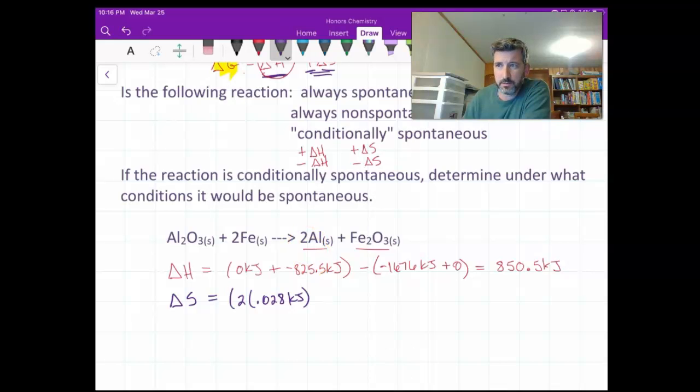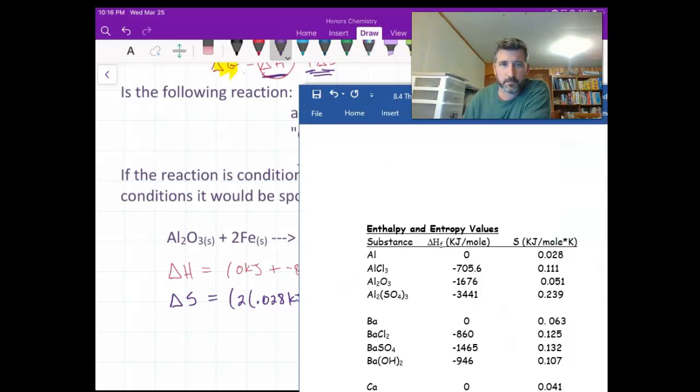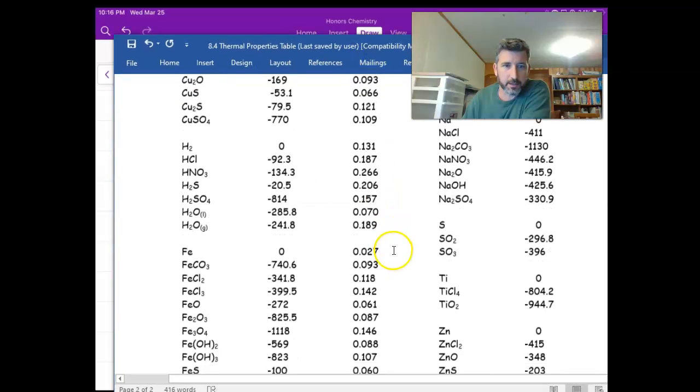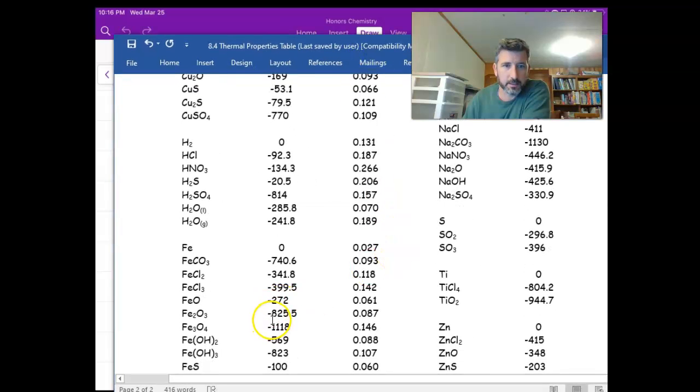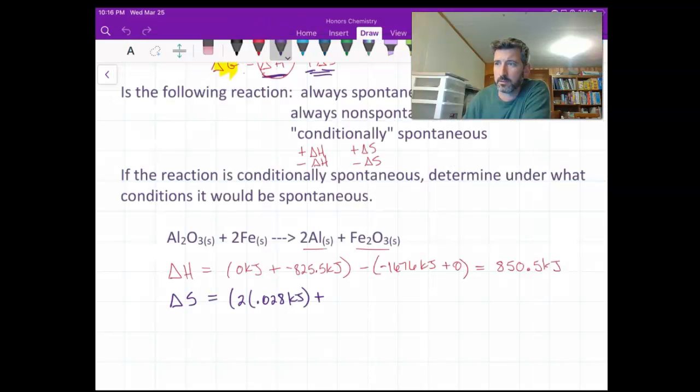And then we're going to add the iron 3 oxide. And again, iron 3 oxide is 0.087 kilojoules. So those are my two products, and then products minus reactants, just like with enthalpy.